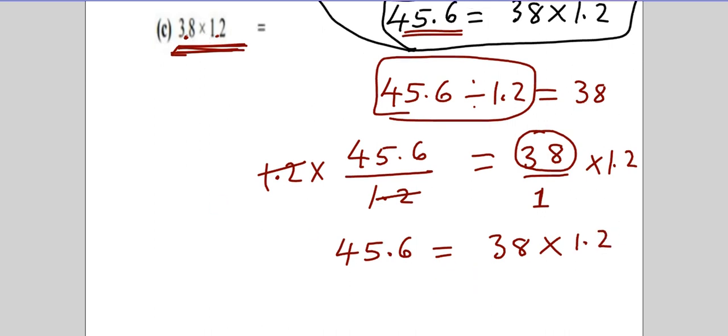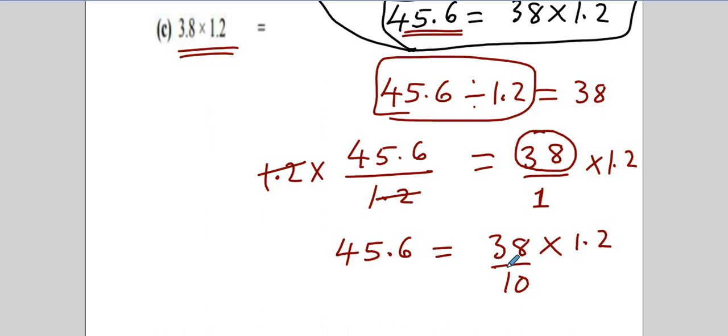Now look at this. The question says find the answer for 3.8 times 1.2. But here we have got 38 times 1.2. So what are we going to do? What we are going to do is see how we can make 3.8 out of 38. So in other words, you divide by 10. 38 divided by 10, that will be 3.8.